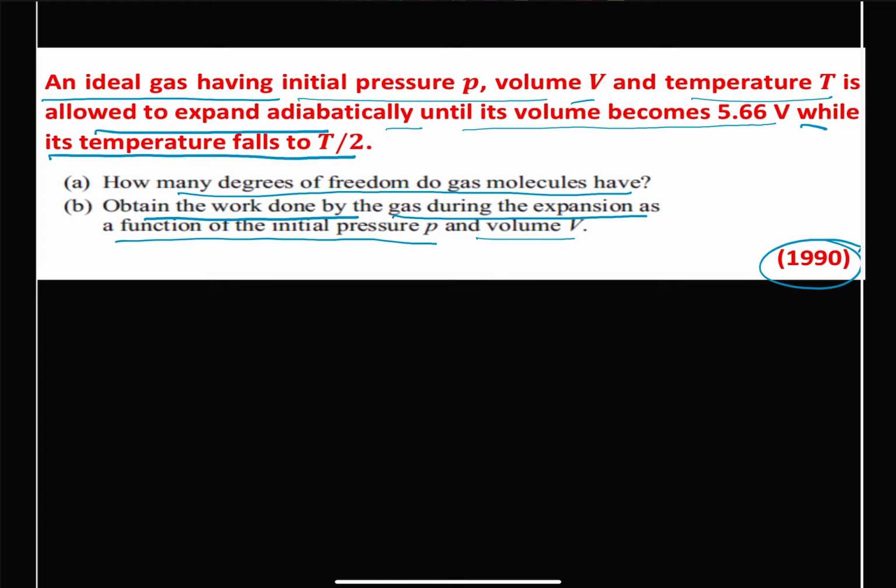And finally, we have an adiabatic process. Volume becomes 5.66 times the initial volume and temperature falls to T by 2. So first is part A, degrees of freedom.